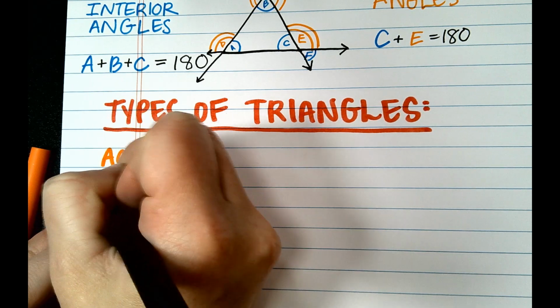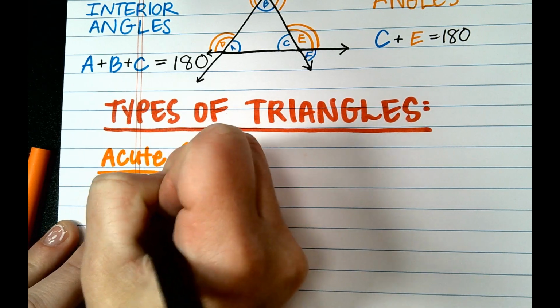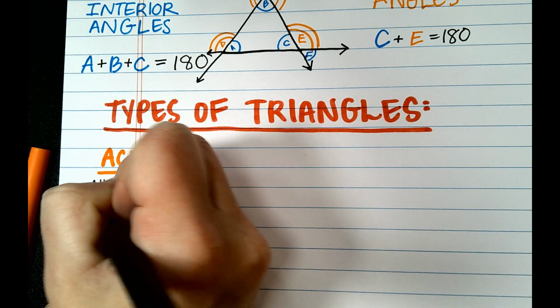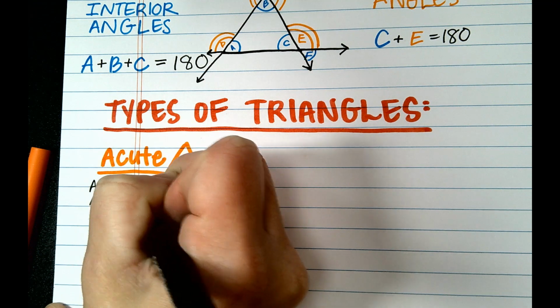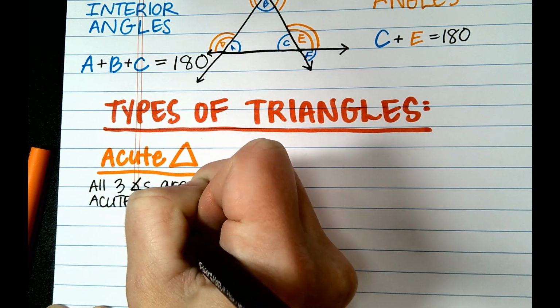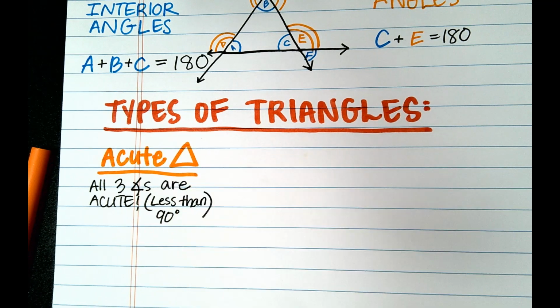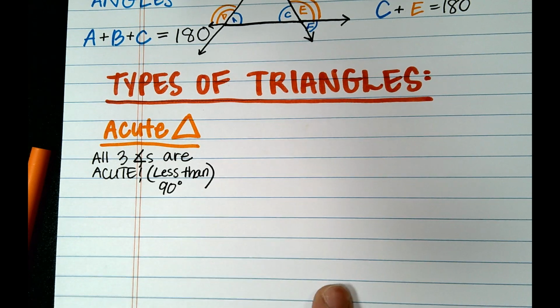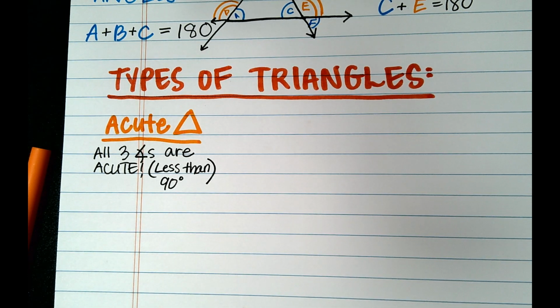All 3 angles are acute. Less than 90 degrees. So with an acute triangle, all 3 of the angles have to be less than 90 degrees. If even one angle is 90 degrees, now we have a different kind of triangle.